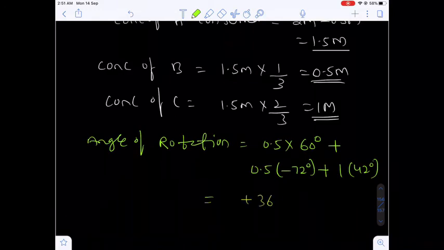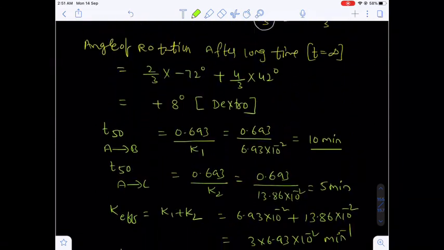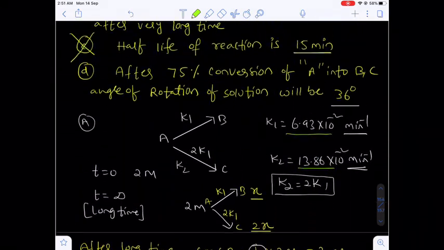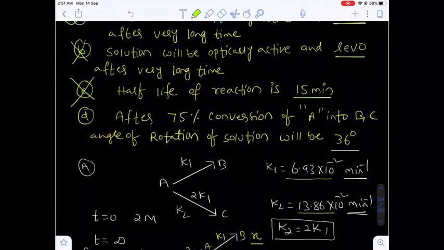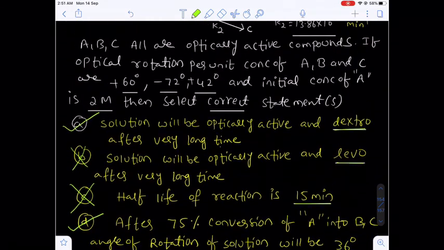Are you getting my point? So overall you will get 36 degrees. That means the angle of rotation after 75% completion of A into B and C will be 36. That means option D is correct.